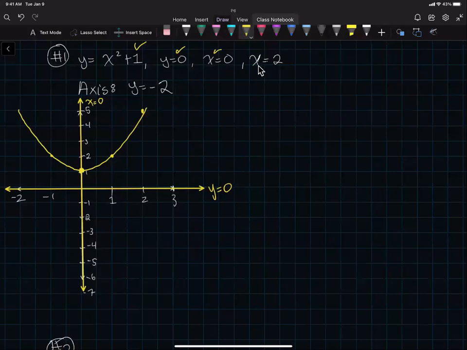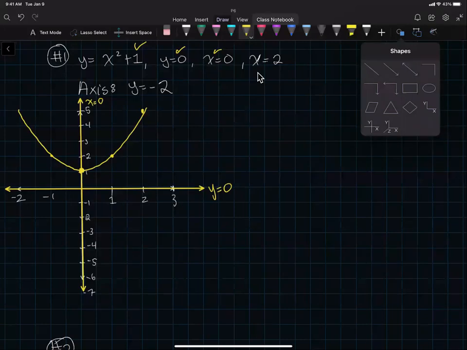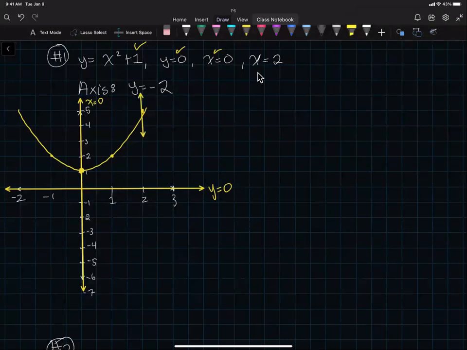And the last one is x equal to 2. And that is this. All right, so x equal to 2. Okay, so far, does anybody have any questions on the graph? And also let me know if I'm going too fast. If you want me to slow down, please let me know.